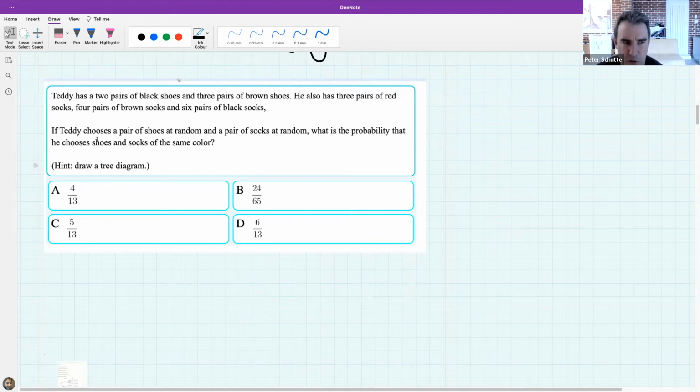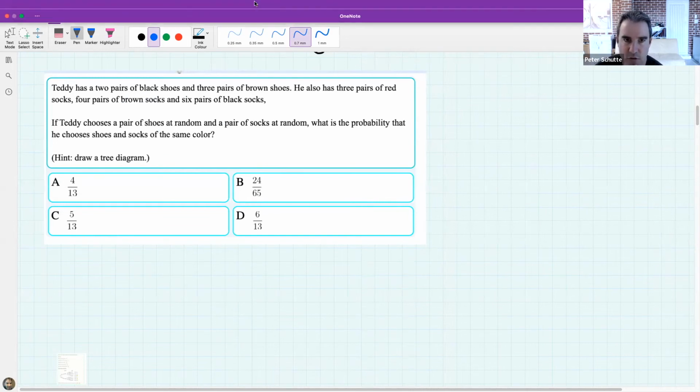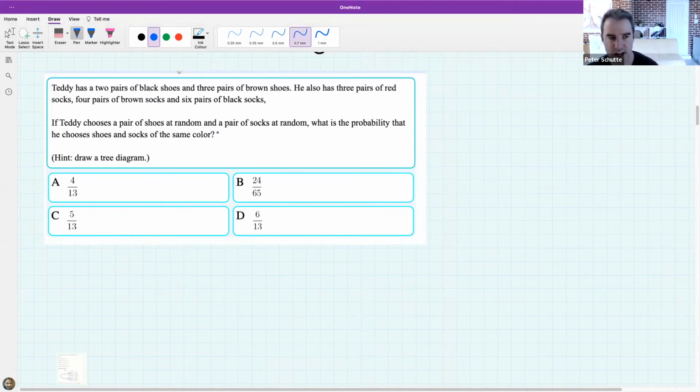I just want you to first, before we even answer the question, see if you can draw the tree diagram for this. So in this question, there's two main ideas. There's shoes and there's socks. See if you can draw a tree diagram. And once you've drawn the diagram, just say done in the chat. And then you can start the question. But I just want to see, see if you can take a moment and draw the tree diagram.